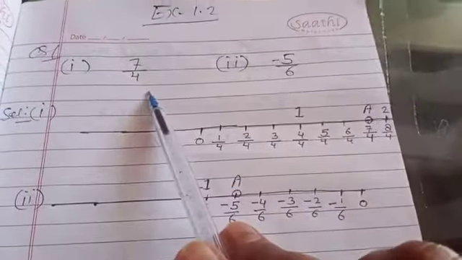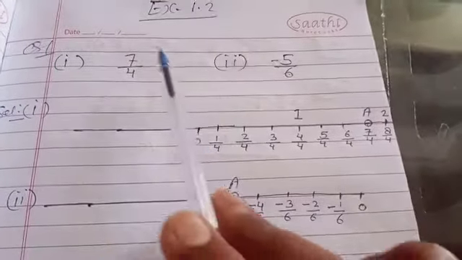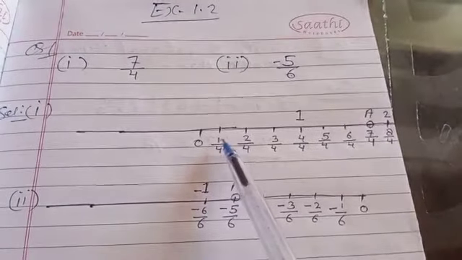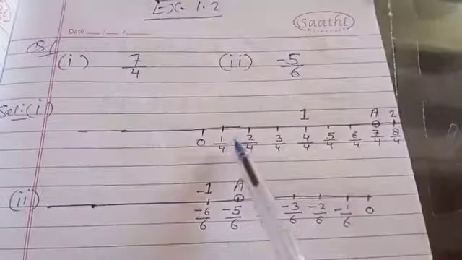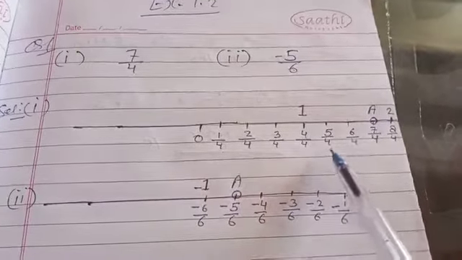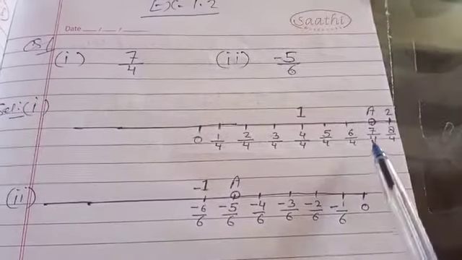So 7 upon 4 is a positive rational number, so I can represent it to the right side of the 0. 7 upon 4 means the denominator is 4. Hence let's start with 1 upon 4, because the denominator is 4. So 1 upon 4, 2 upon 4, 3 upon 4, 4 upon 4, 5 upon 4, 6 upon 4, 7 upon 4. This is 7 upon 4.